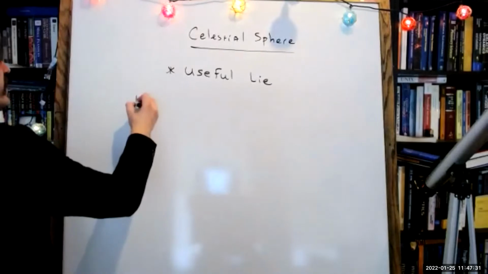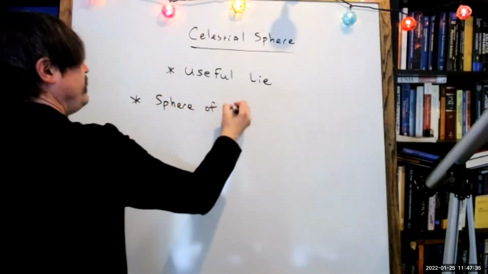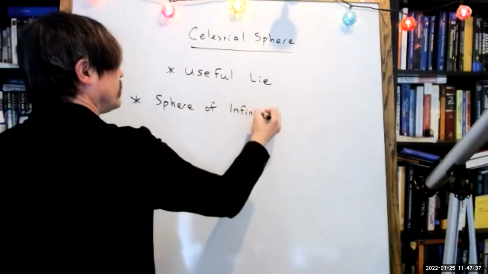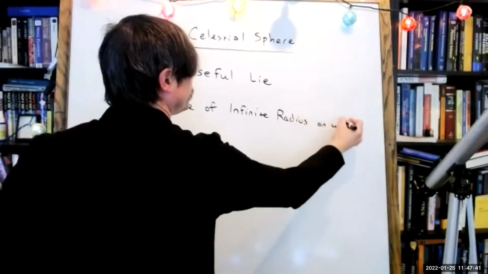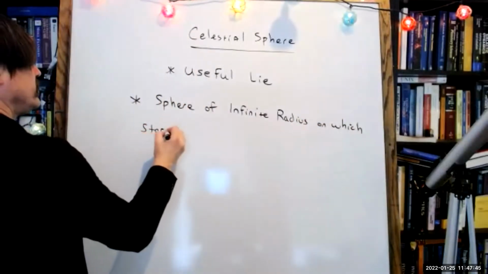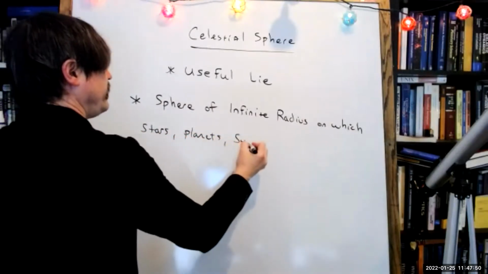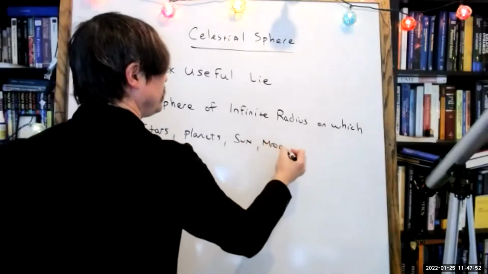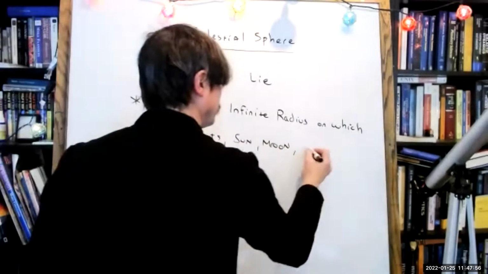And if I had to define it, I would define it as a sphere of infinite radius on which things like stars, planets, the sun, the moon, galaxies, anything that goes bump in the night seems to rotate.